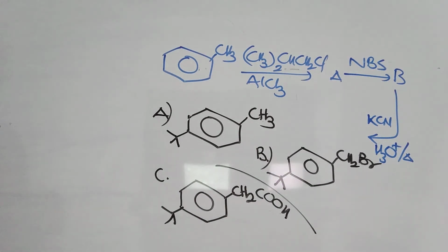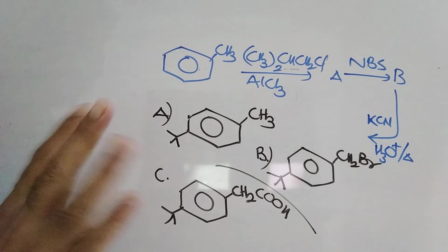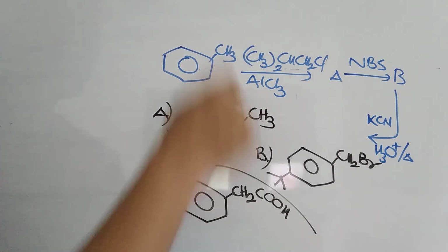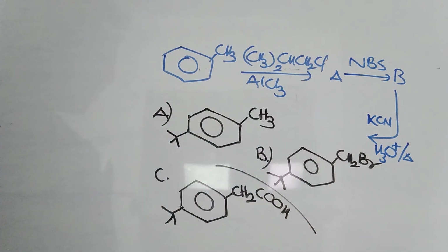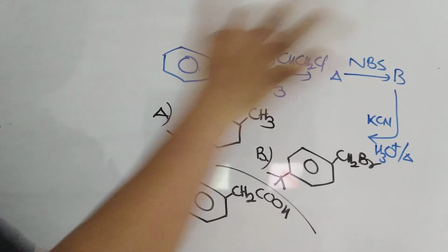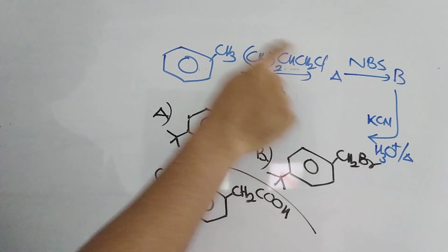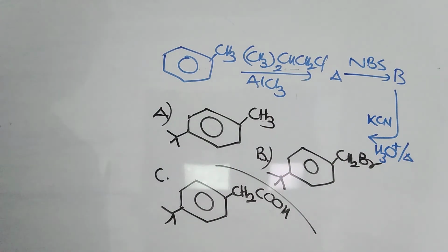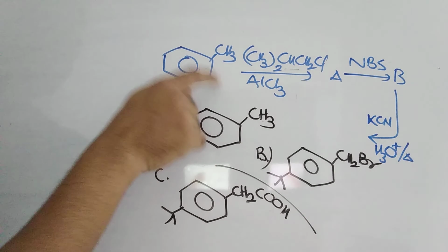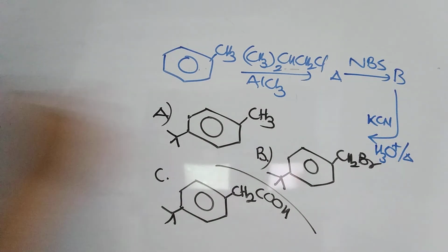So this reaction is one special. In this, how many steps are there? You see, how many important points are there in one question? First point, methyl nature, ortho-para directing group. Second point, this reaction is Friedel-Crafts reaction. Third point, rearrangement. Primary carbocation will turn into tertiary carbocation. Then that cannot come at ortho place, so that will go at para place because that is a bulky group.